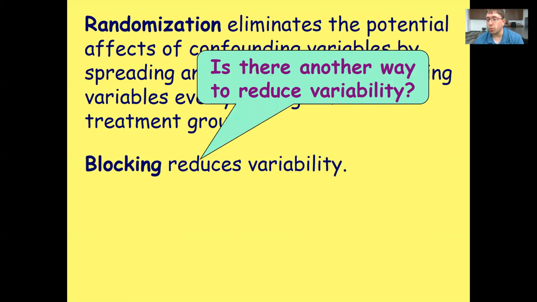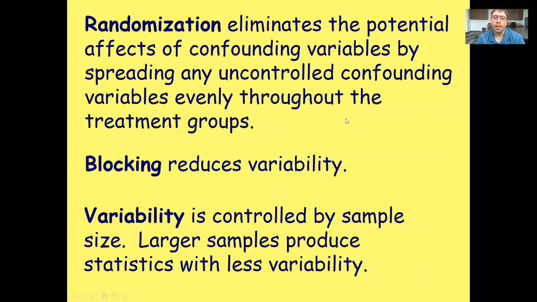There is another way to reduce variability. Overall, variability is not very favored when it comes to your experiments. And that is by controlling your sample size. Larger sample sizes produce statistics with less variability. Meaning if I do an experiment with 10 people, I might get 10 random results that may or may not tell me the answer. If I do that same experiment with 100 people, I'm going to start to see a trend, all right?